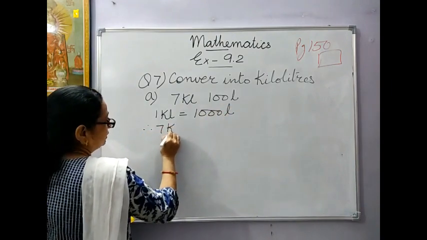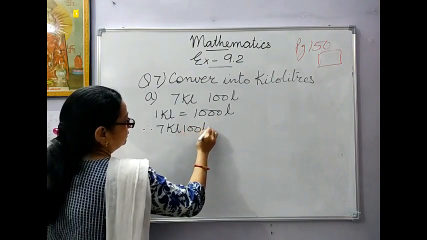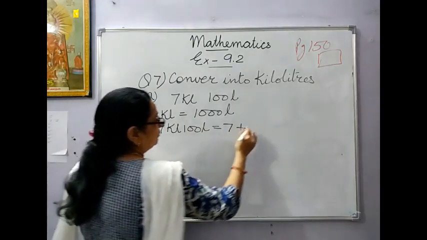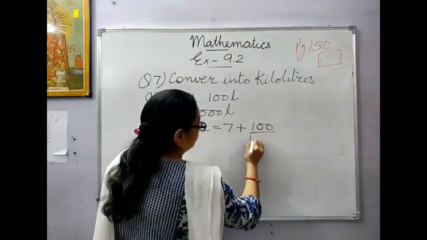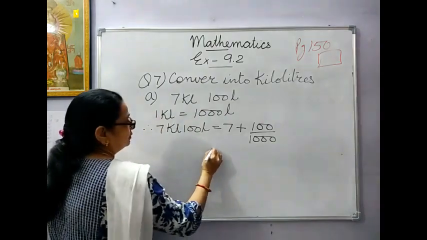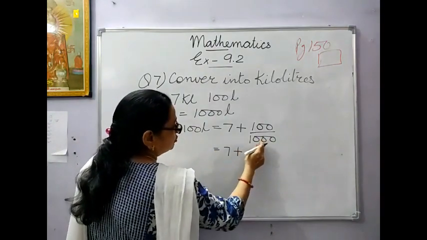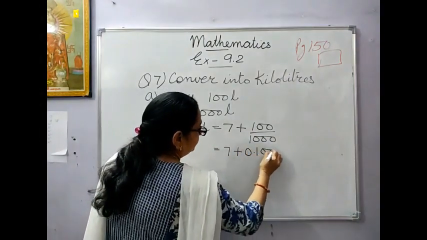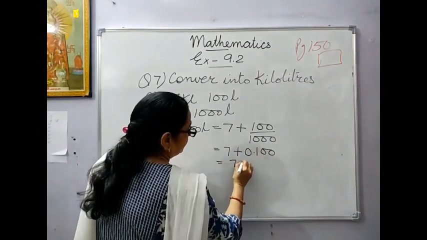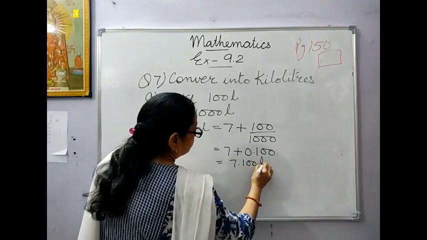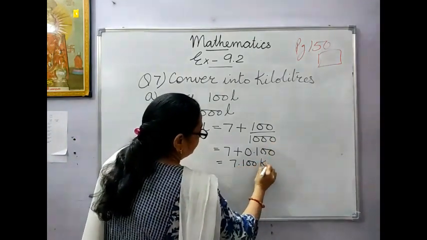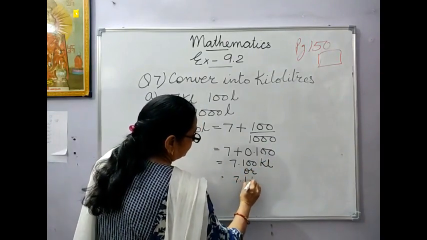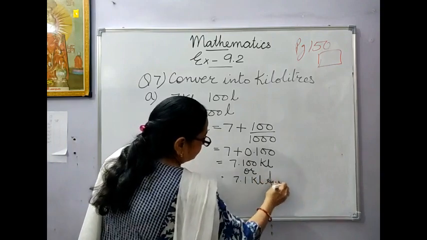Therefore 7 kiloliter, 100 liter. This is already in kiloliter. Write it as such. Then write 100 upon 1000. 7 plus, 1, 2, 3 zeros, 1, 2, 3 decimal places should be there. So 7.100 kiloliters or 7.1 kiloliter will be your answer.